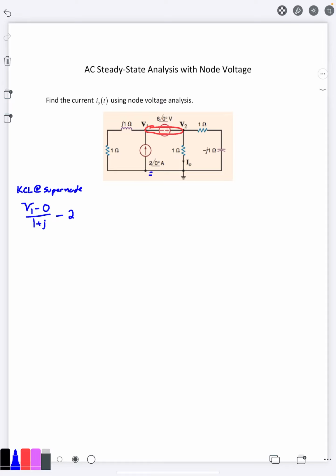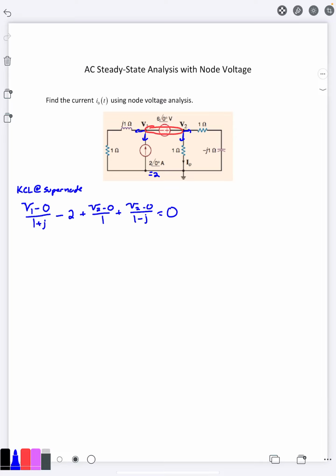And 2 angle 0 is the same as just 2. Then I have the current going down on the left, V2 minus 0 over the 1 ohm. And lastly, the current going right would be V2 minus 0 over 1 minus J, the total impedance there. So that gives me my first equation.